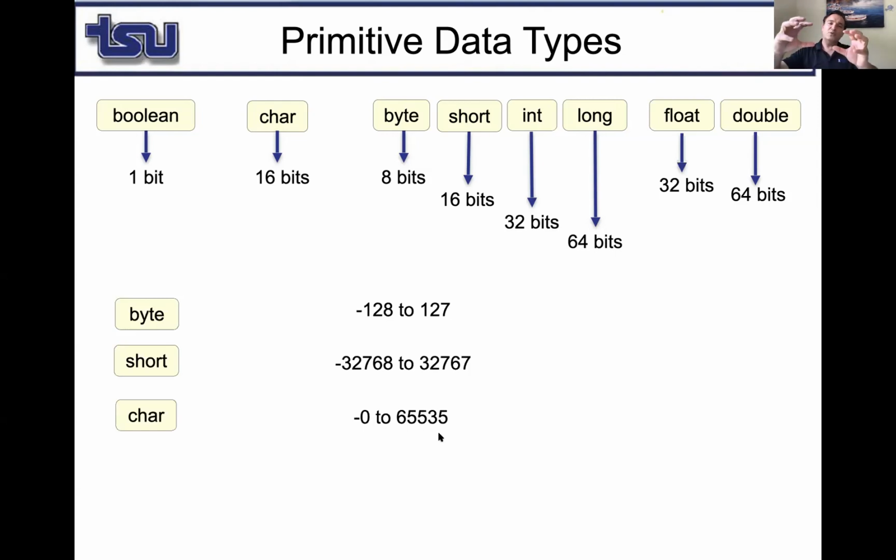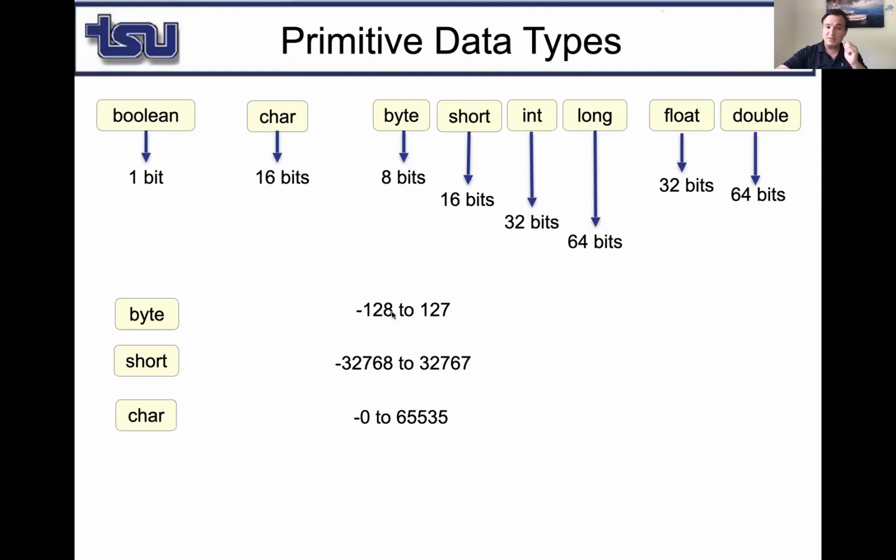So some of the shorts are char, some of the chars are short, but there are certain shorts which are not characters, and certain characters are not short. For example, 40,000 is not in the range of short, but it's in the range of what? Character. Or negative 1,000 is not in the range of character, but it's in the range of short.